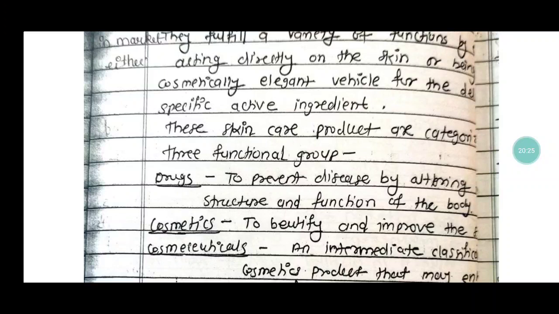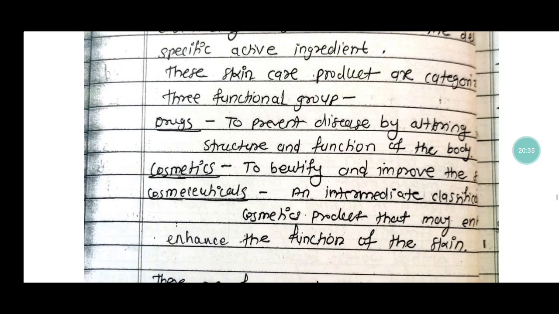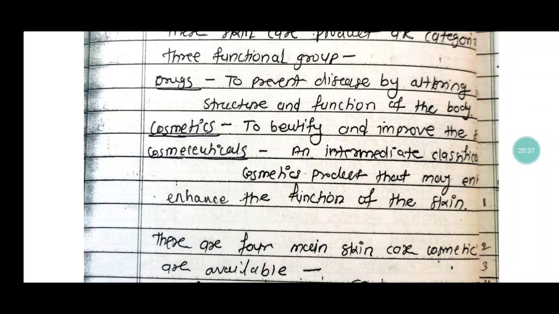Drugs are to prevent disease by altering the structure and function of the body, whereas cosmetics are to beautify and improve the face or scalp, etc. Cosmeceuticals are an intermediate classification between cosmetic products and drugs, and may be meant to enhance the function of the skin.